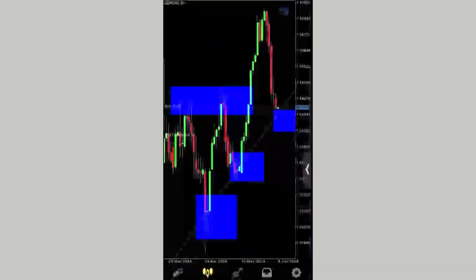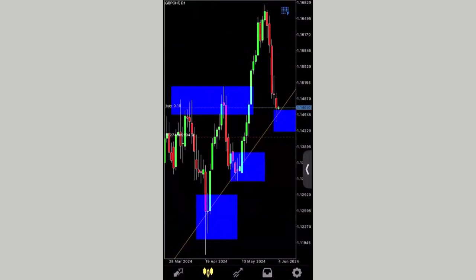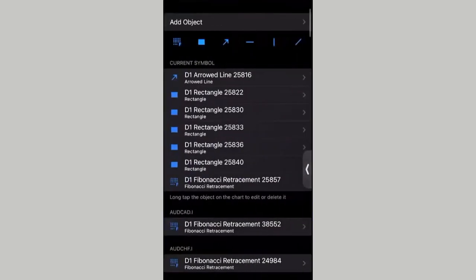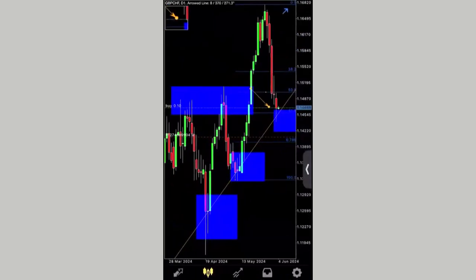You use your Fibonacci from your previous low before the market started retracing to give you the new low in the market. So that's where we enter, at the 61.8%. That's what you were asking, right? You would enter around this zone right here, in the middle.